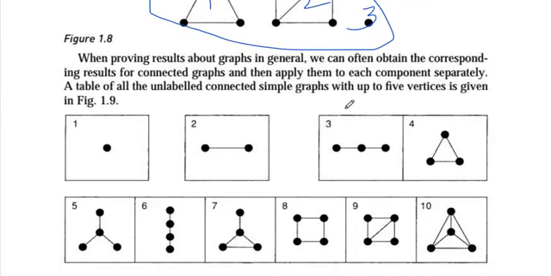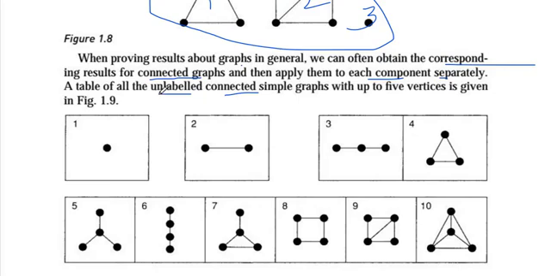Okay, now when proving results about graphs in general, we can often obtain the corresponding result for connected graphs and then apply them to each component separately. So what they are trying to say, well, let's start with an example: a table of all the unlabeled connected simple graphs.